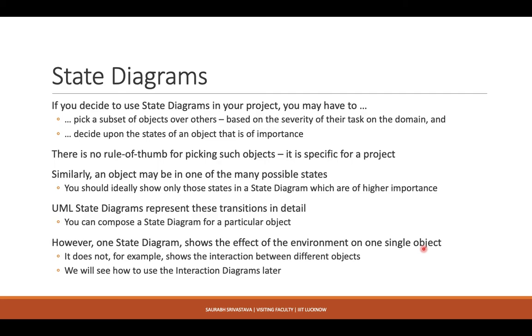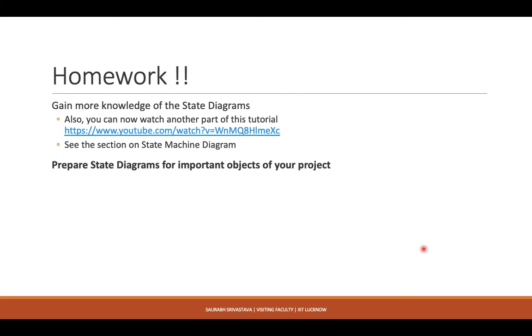So this is something that you have to understand, that here we are not concerned about how the other objects are changing. We are concentrating on one object at a time, and we are showing that based on certain events that may occur, this is how the object will change its state. So this is just a summary of what state diagrams do. So now you should understand where this falls in place in that whole picture. So where do the class diagrams fall and where do the state diagrams fall? I hope by now you should understand it.